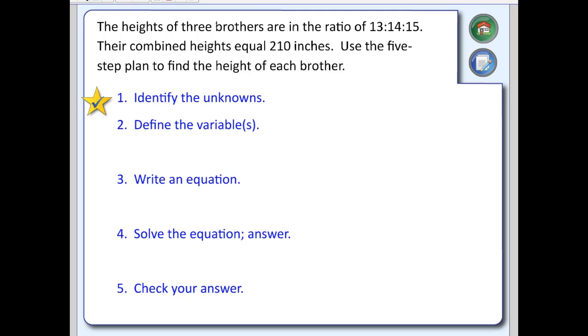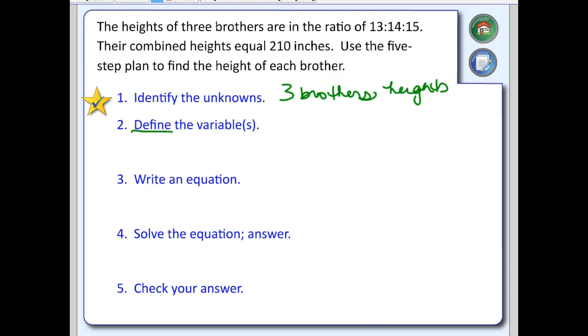So again, you know that whenever we're doing story problems, we're using the 5-step plan. So what are our unknowns? Well, what do we have to find out? We have to find 3 brothers' heights. And again, you remember, we kind of roll step 1 and step 2 in together. Now, where am I going to get my let statements from?